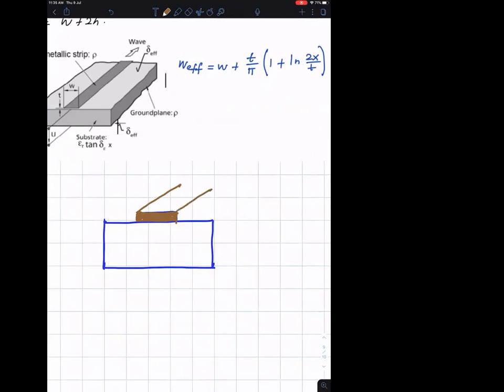So this is the okay. For now, let's delete this. I just wanted to show you the fringing fields.